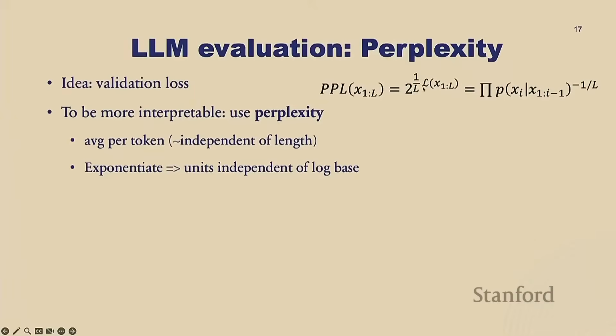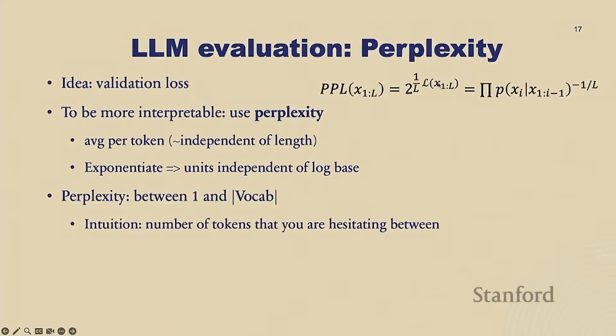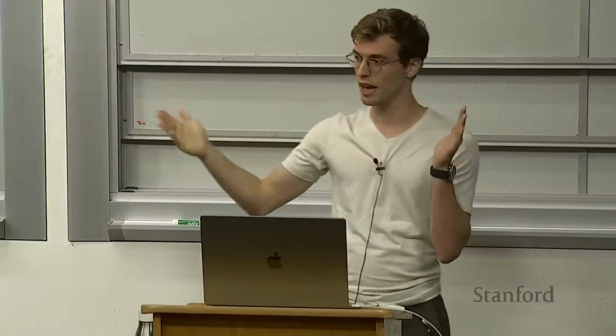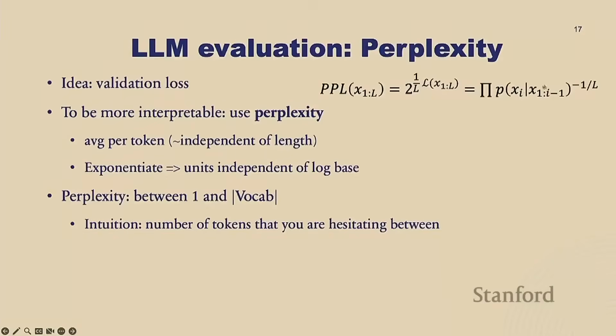The average per token is just so that your perplexity is independent of the length of your sequence. So perplexity is just 2 to the power of the average loss of the sequence. Perplexity is between 1 and the size of the vocabulary of your tokenizer. If you predict everything perfectly, then every word has a probability of one, so the best perplexity you can have is 1.